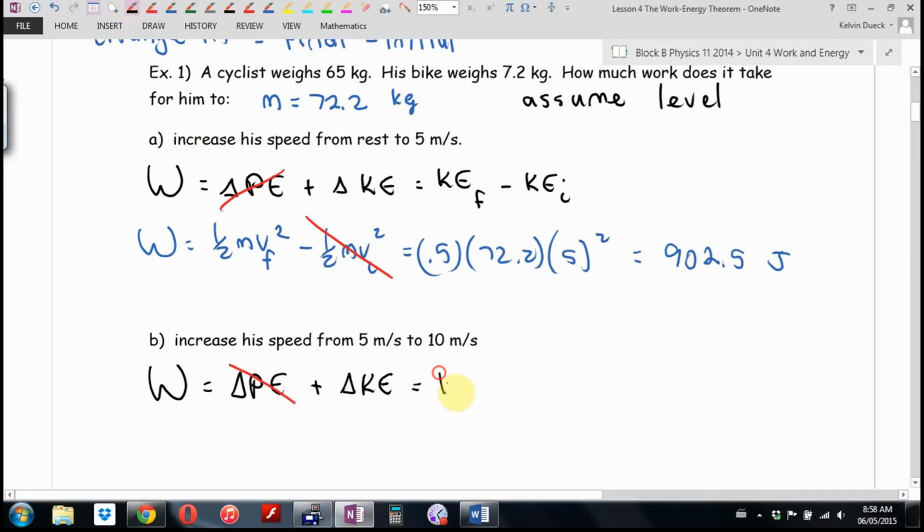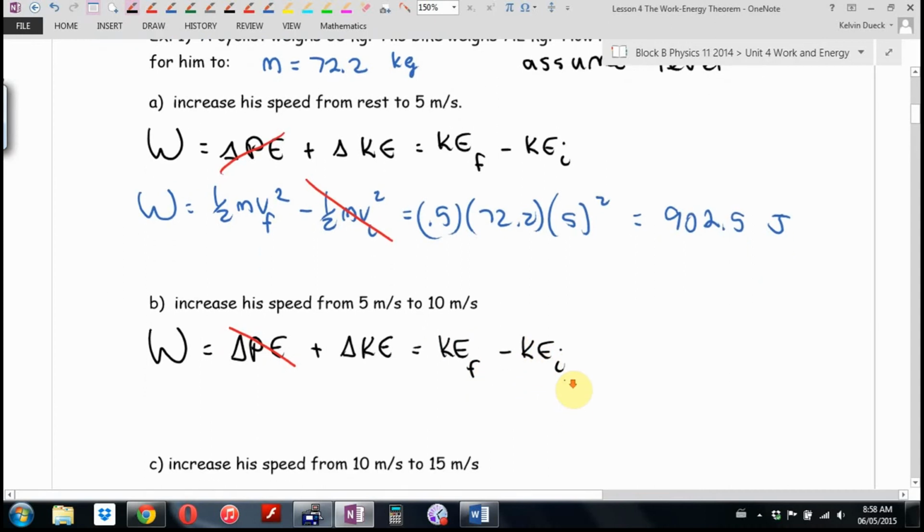So this is going to be kinetic energy final minus kinetic energy initial. That's going to be a half m v final squared minus a half m v initial squared.